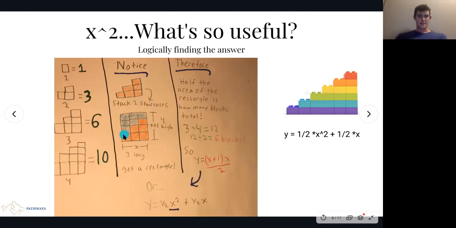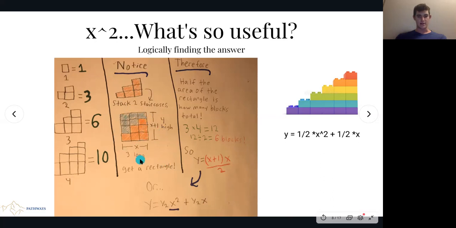So I said a little hint was try and find the area, but it's incredibly hard to find the area in an equation of a staircase, because how would you even go about doing that? But you'll notice if you stack 2 identical staircases on top of each other, like so, you get a rectangle that you can calculate the area of. And the area will help you find the number of blocks.